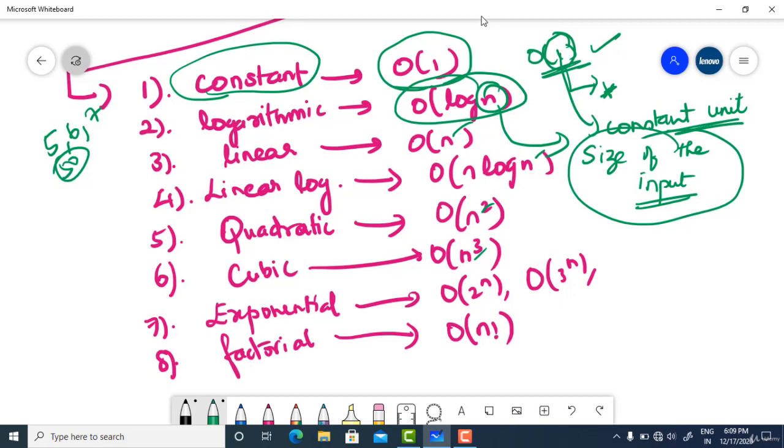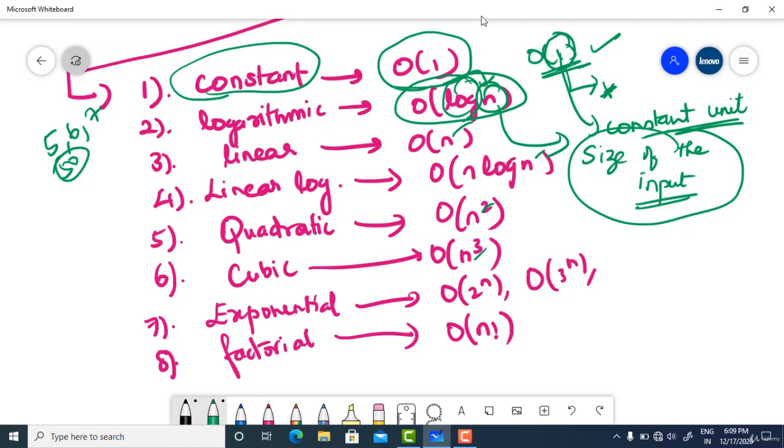So log n means log will always convert higher values to smaller values, roughly. I'm not asserting that, it's roughly, as it's always somewhat converting higher values to smaller values. So log of the size of the input.